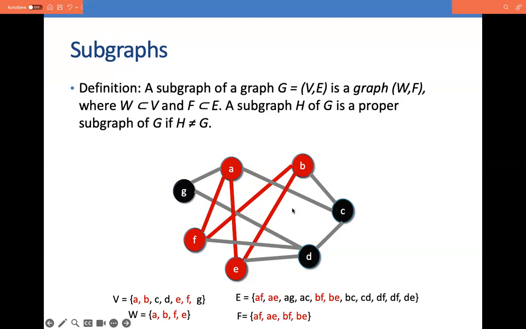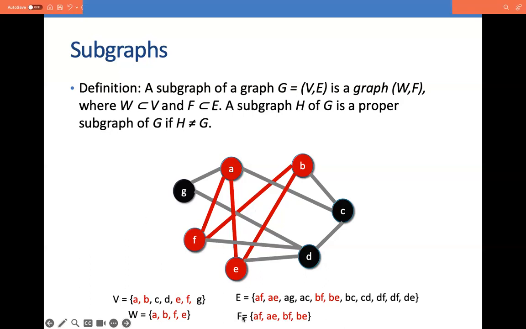Now, we can see that all of the vertices that are included in W are also included in the set of vertices V, which are the vertices of the original graph.